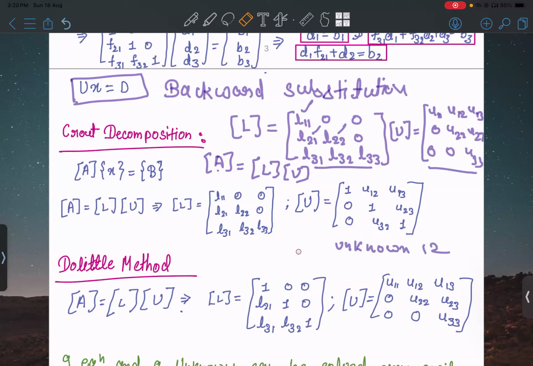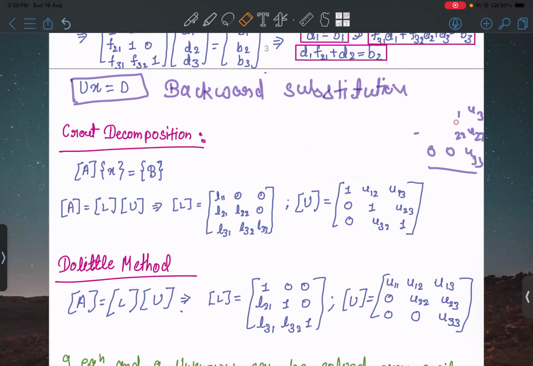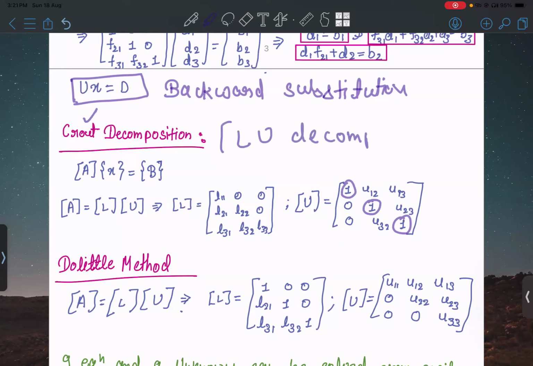That's why we simply assume the diagonal values of either the L or U matrix as 1. If I assume the diagonal elements of the U matrix as 1, then it is called the Crout method of LU decomposition.